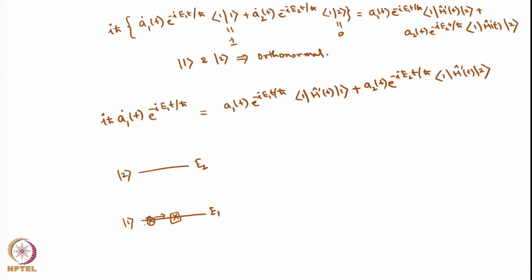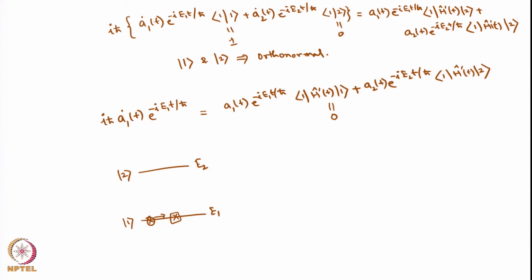Therefore, any perturbation which leads on to the same wave function can be neglected. It is like transition to the same state. You start from ground state and you go back to the ground state. So you do not even know whether the transition has taken place or not. Therefore, one can equate this term to be 0 because the perturbation here acts on state 1 and overlaps with state 1.